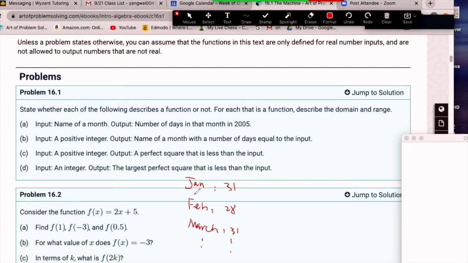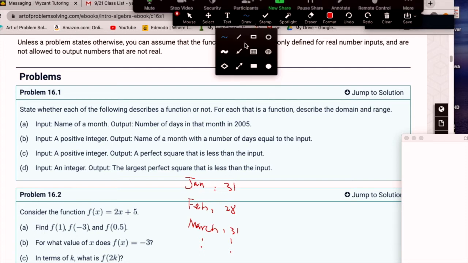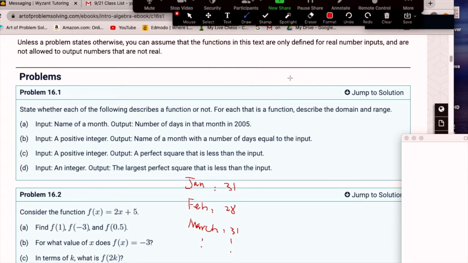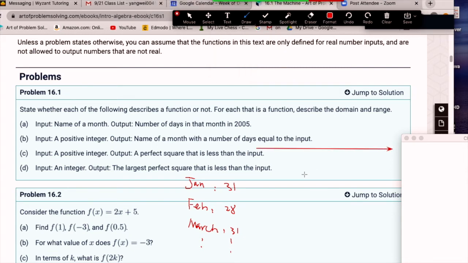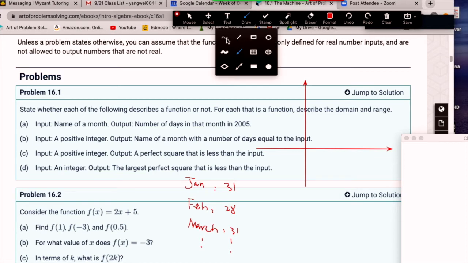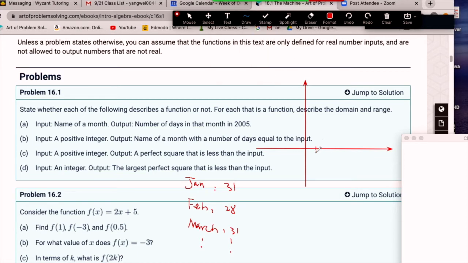So then, if we draw a plot for this relationship, we'll get something like this. Suppose we use here, this is January, this January, then February. Here, suppose this 31 days, this 31, then 28, then 31, and so on, like this.